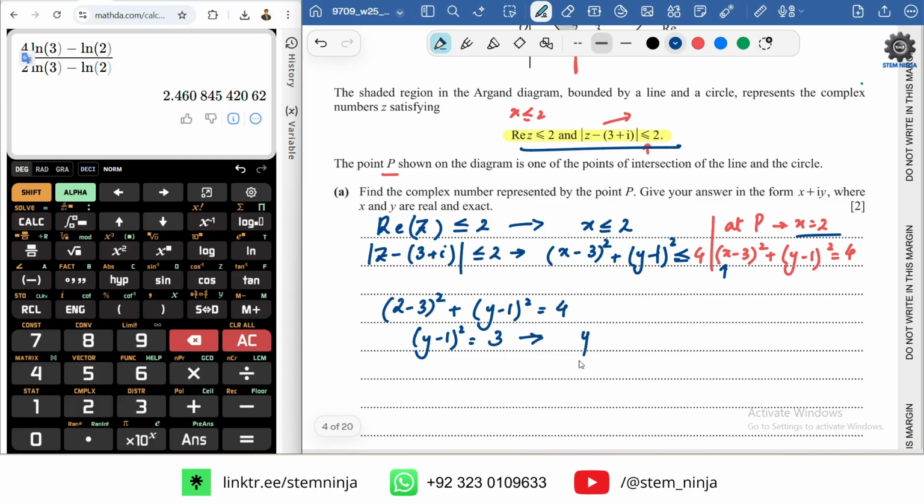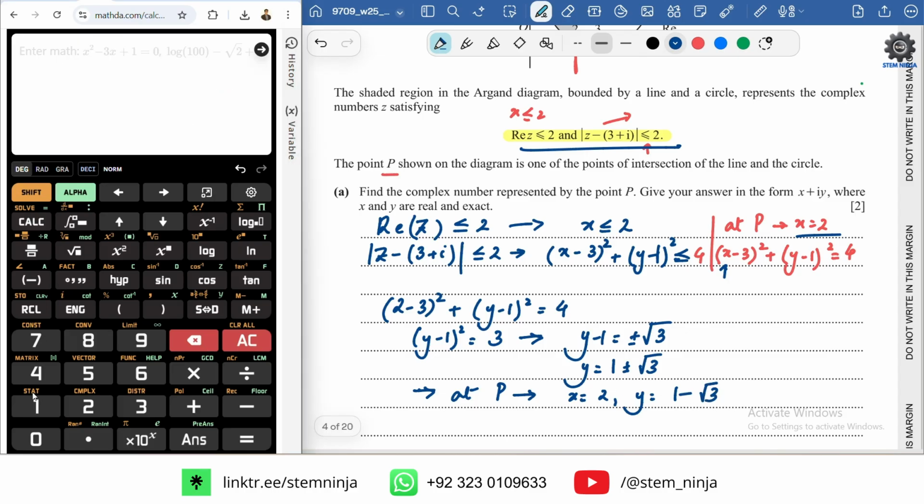This would become y − 1 = ± √3, and therefore y would be 1 ± √3. So therefore at P, x is equal to 2, y equals 1 − √3, just to confirm that this is going to be the same number.